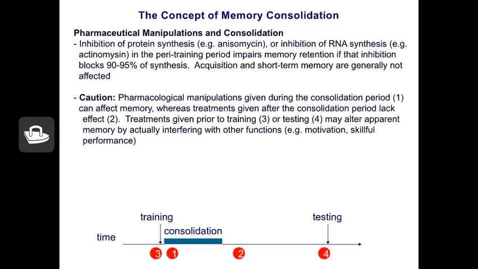And if you administer a challenge at either time 3 or time 4, you could be inadvertently impacting the experience of the training or the performance of the learned skill or retrieval of the memory. So conclusions about the memory consolidation process would again be inappropriate.